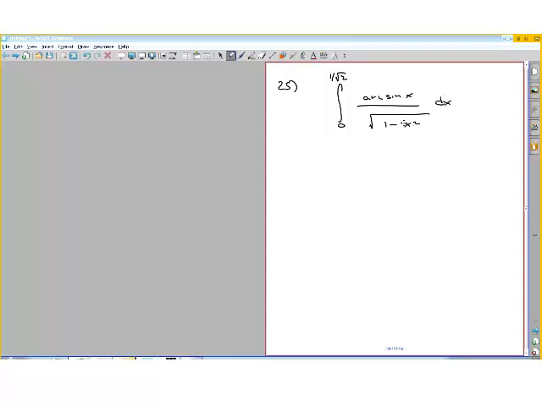So it's not going to work choosing u equal to x, because you've got this arc sine function on the top. So that's not going to work.